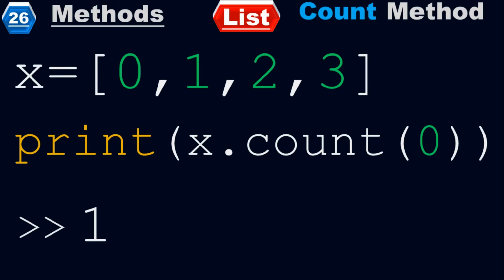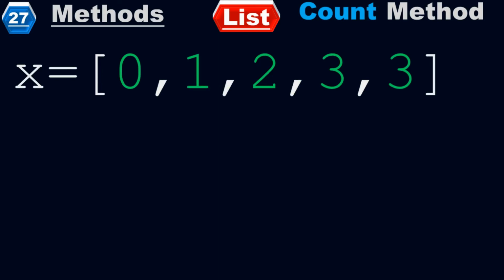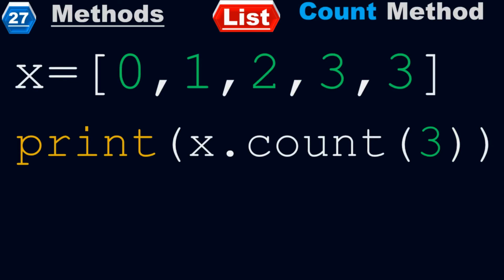Example number 27. X equals to 0, 1, 2, 3, 3. Print of x.count of 3, which returns 2. Look, this time I have 3 here and 3 here, so there are a total of 2 elements of 3. When you take the print of x.count of 3, you will get 2, because as I told you, it counts the total number of similar elements.